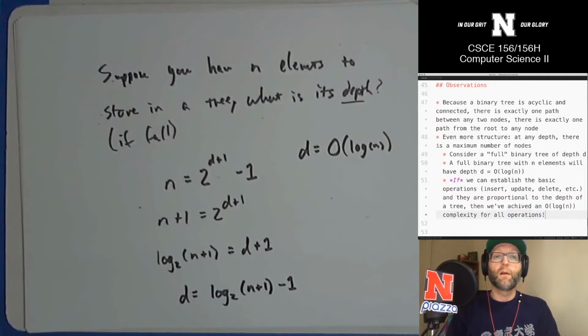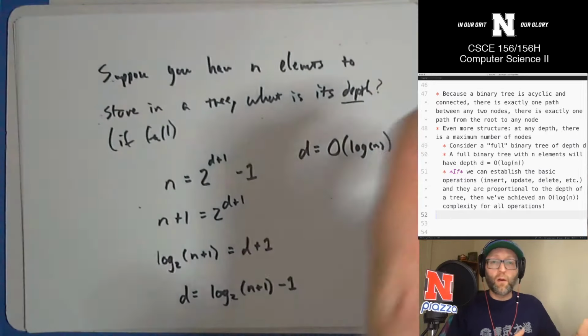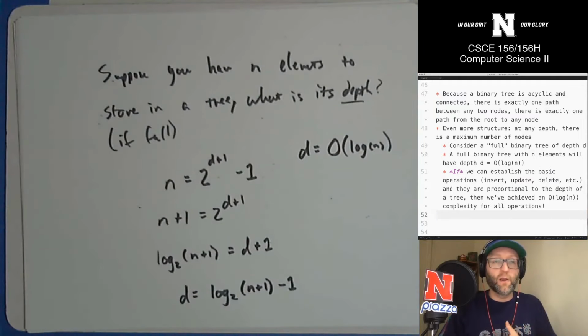That was our quest at the beginning. If we can achieve that, then we will have a very nice data structure that offers logarithmic, exponential speed ups over both an array-based list and a linked list, and everything ends up being logarithmic.